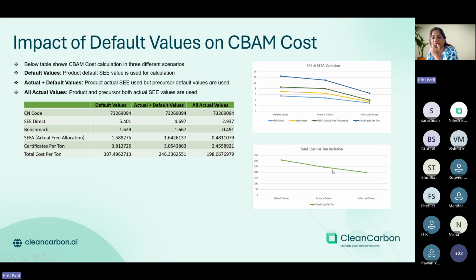This is the final cost. You can see it is reducing with the actual values. So it is always better to have your own actual values as well as your precursor's actual values. So you need to generate your CBAM report, as well as make sure that all your suppliers are measuring their data, calculating their CBAM cost and SE numbers, and generating their CBAM reports.